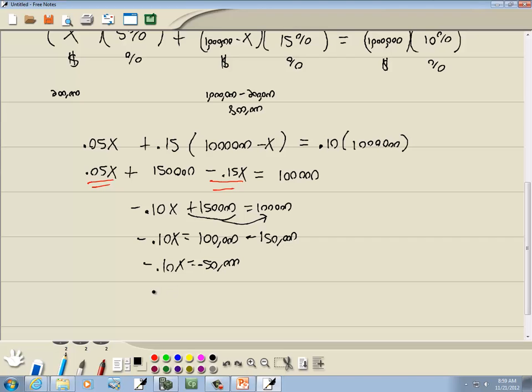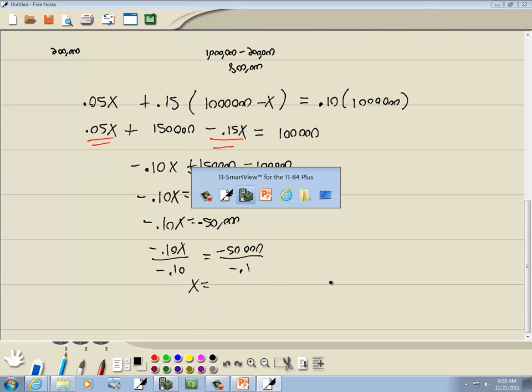Last step, divide both sides by the number in front of your x. So we'll divide both sides by negative 0.10. And let's see what we get.